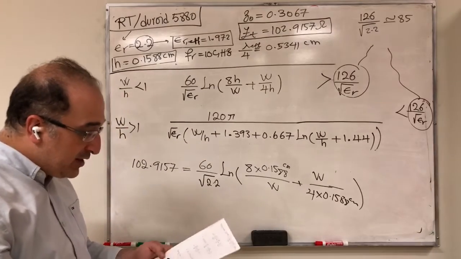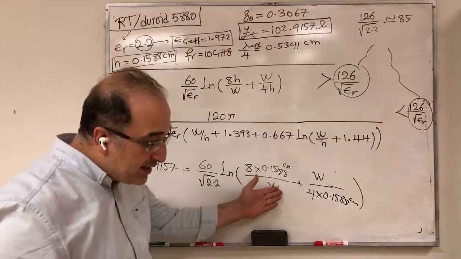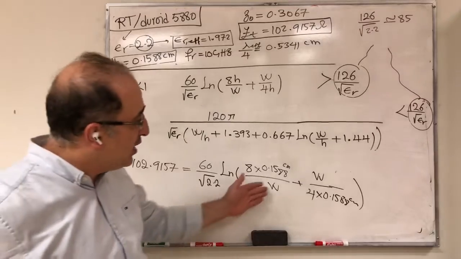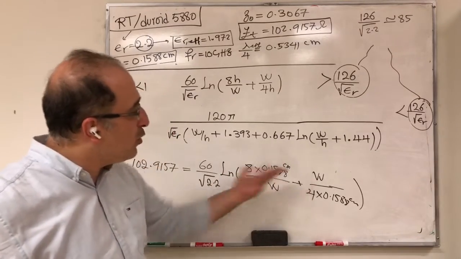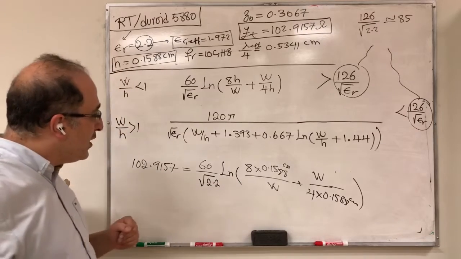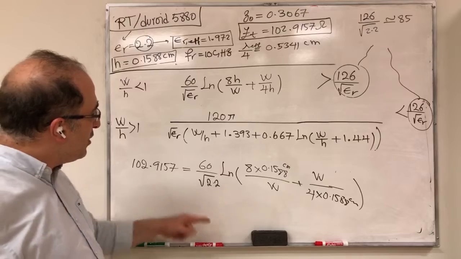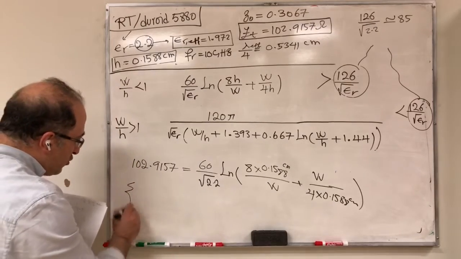If I solve for w here, you immediately realize that you're going to get w squared, so you have two solutions for w. If you go with the common denominator, you have w squared, and you can get rid of ln by having e to the power of this, and you get two solutions.